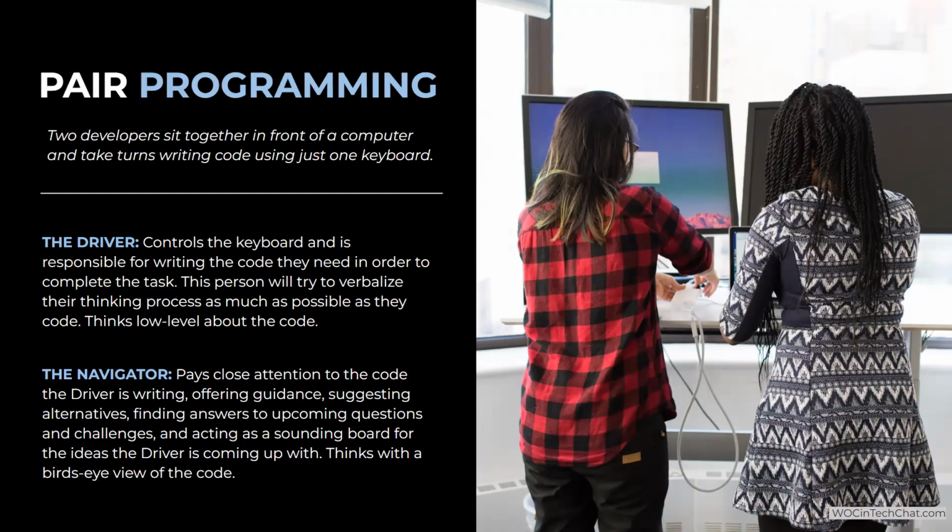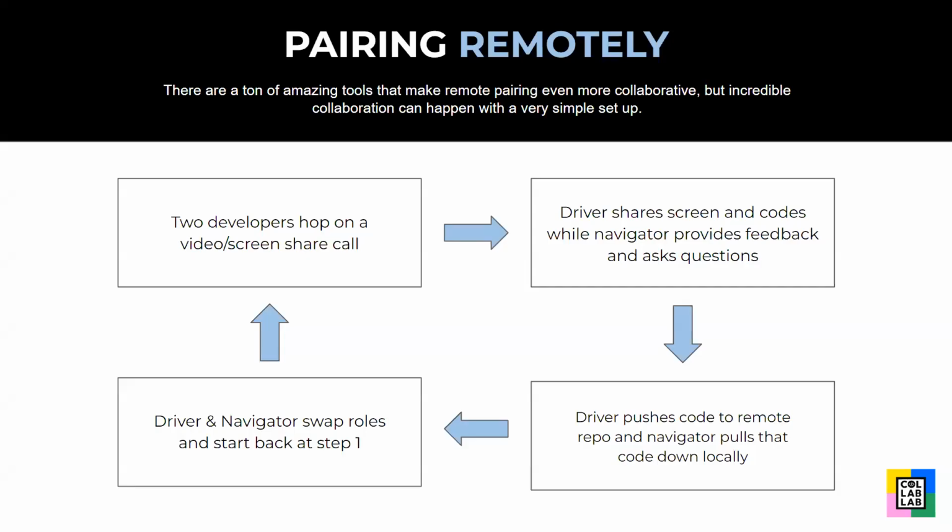Okay, so there are a ton of amazing tools that help people nowadays do pair programming remotely, but pair programming can happen even with a very basic, simple setup. Basically there are just 4 steps by which you can do pair programming remotely. The first step is to get on a call where you can share your screen.